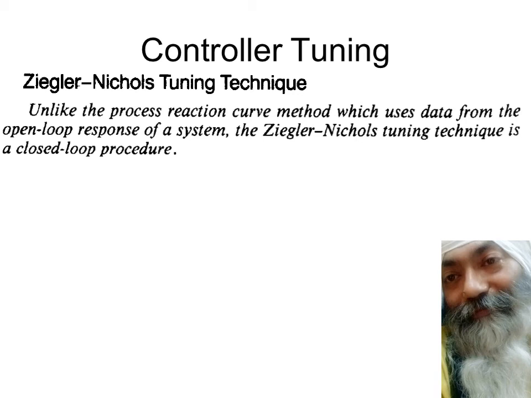You go on increasing the gain, but ultimately the gain becomes so large that the system does not come back to decayed oscillations, but rather results in sustained oscillations. Let us say you have made the gain equal to 1. There was some oscillation, but it was decaying down. You make it 5, it's still decaying down. You make it 10, it's still decaying down.